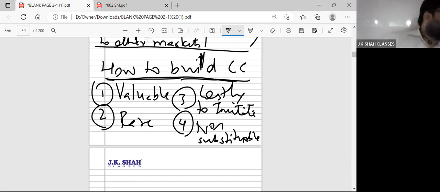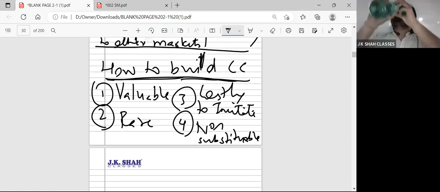Non-substitutable. Valuable, rare, R-A-R-E. Valuable, rare, costly to imitate, and non-substitutable.